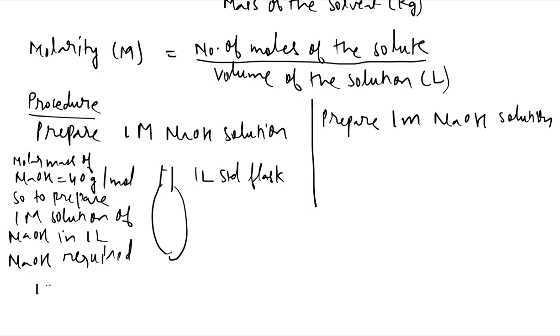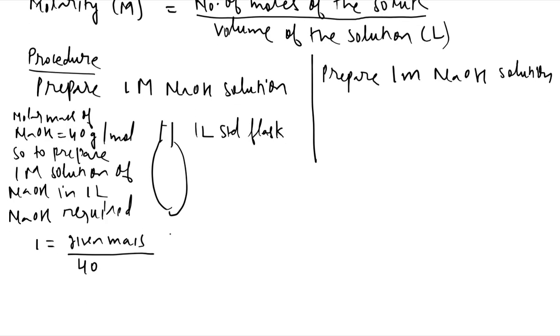Molarity is 1, the number of moles of the solute, that is the given mass divided by the molar mass of NaOH, which is 40, multiplied by the volume, that is 1 liter. I'm not writing it in detail because I have already explained this in previous videos. So from this we can find out that the given mass is 40 grams.